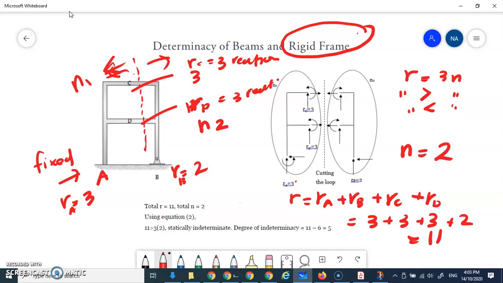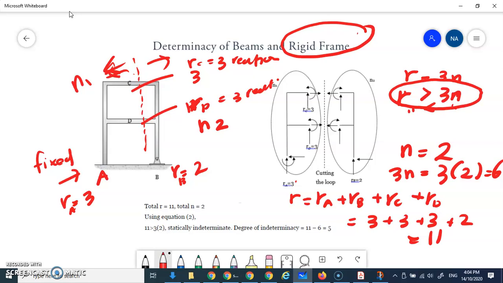Okay, so 3N is equal 3 times 2, 6. So the R is greater than 3N. So we will become statically indeterminate. And the degree of indeterminacy is the difference between R and 3N. Okay, so there are 5 degrees of indeterminacy in this example.